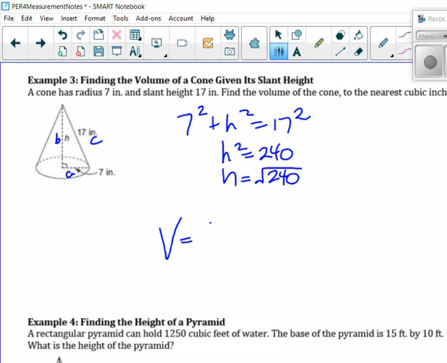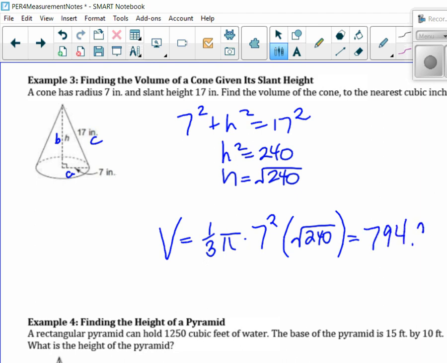Volume is equal to 1/3 pi, my radius squared, so 7 squared, times my height, which is the square root of 240. Okay? So let's punch her in. So did you get 794.9, and that would be cubic inches. Yes?